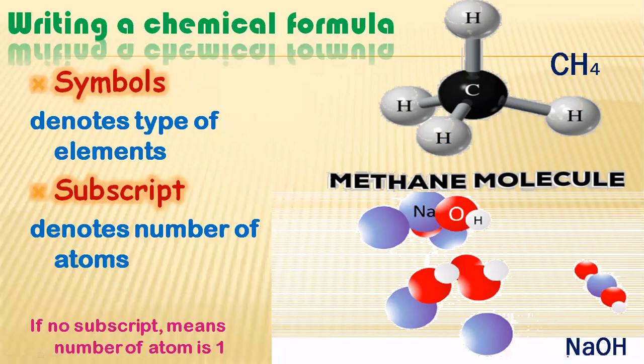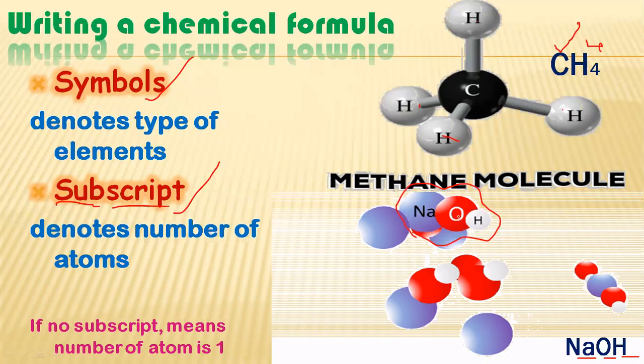If we see here in this sodium, oxygen and hydrogen, this one is one molecule of sodium, hydrogen and oxygen. That is actually called sodium hydroxide. We'll talk about how we give the name to them, but first let's see how we write the formula.